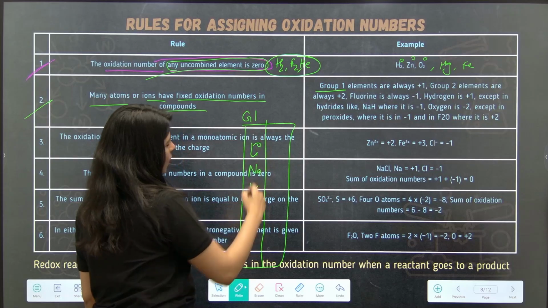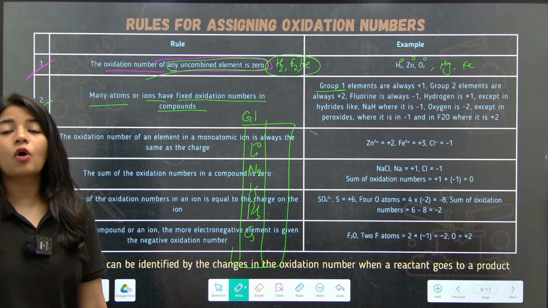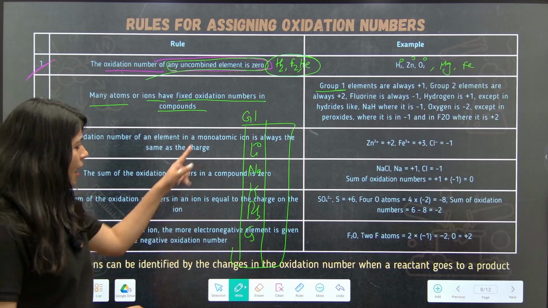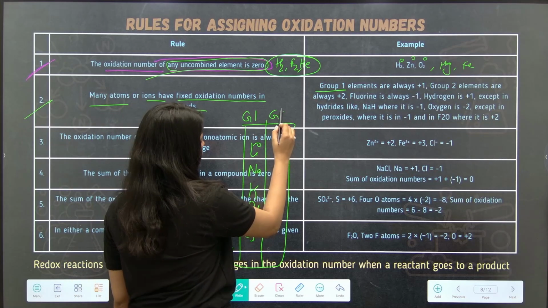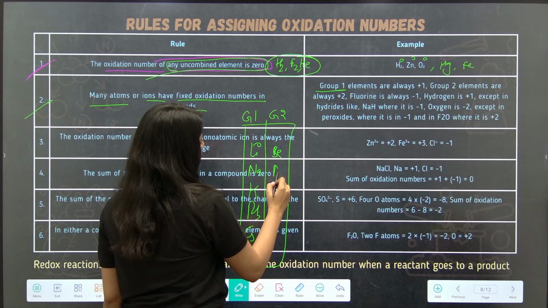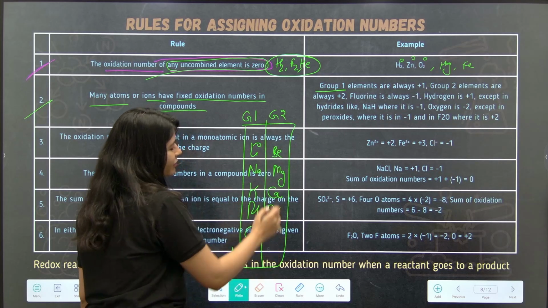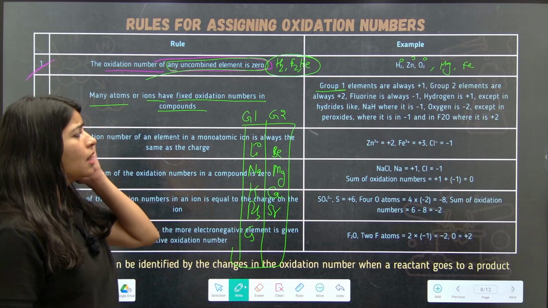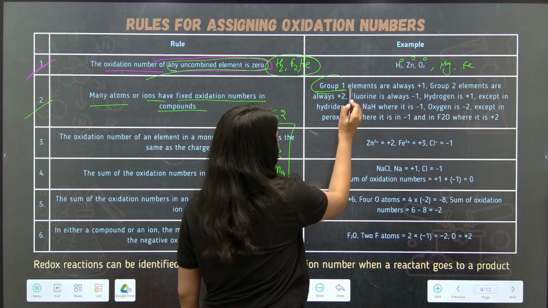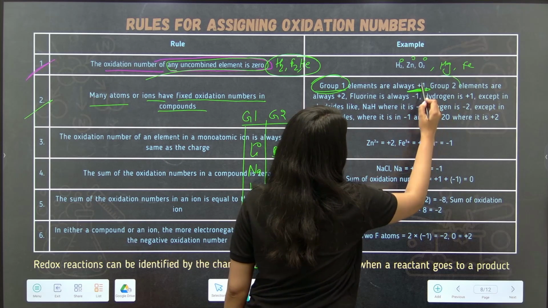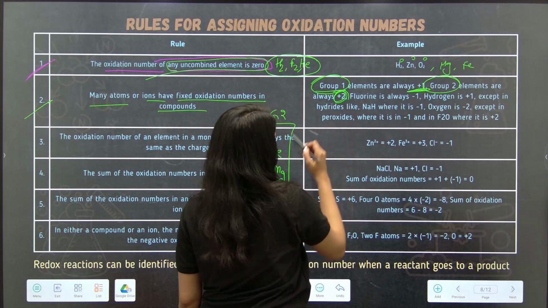These all have plus 1 oxidation state always, and the group 2 elements, in which beryllium, magnesium, calcium, strontium, all of these have plus 2 oxidation state. So, remember this: group 1 have plus 1 oxidation state and group 2 have plus 2 oxidation state.